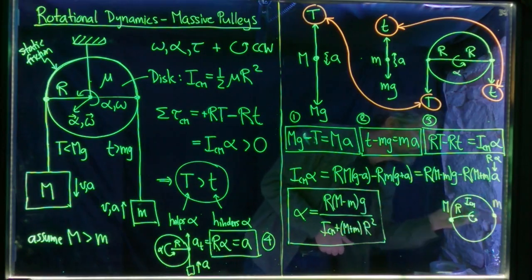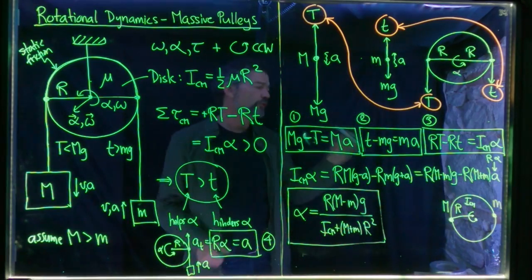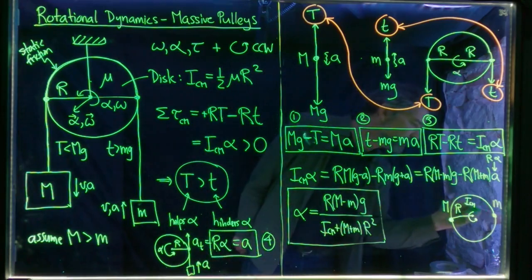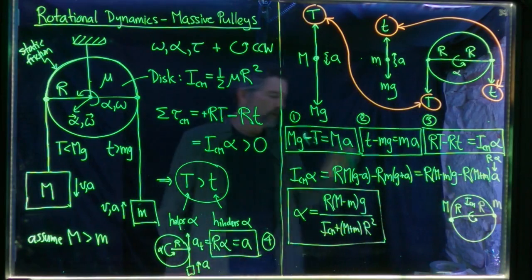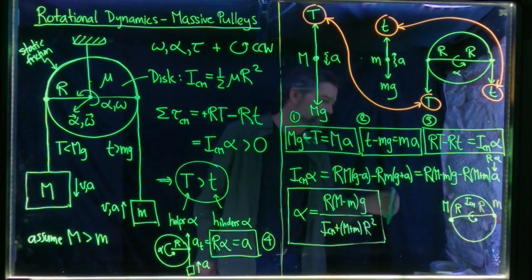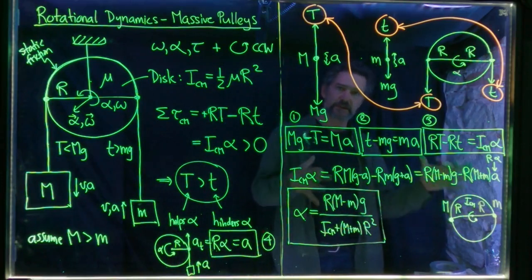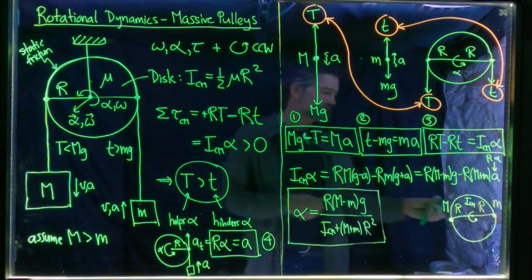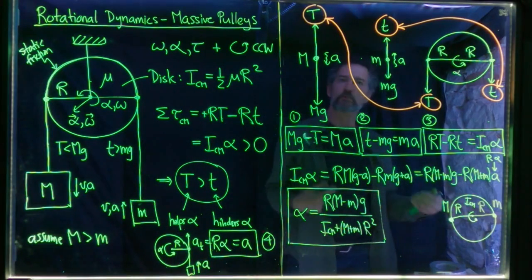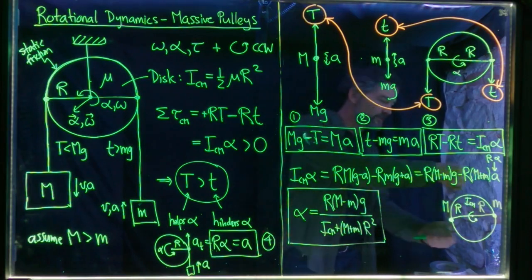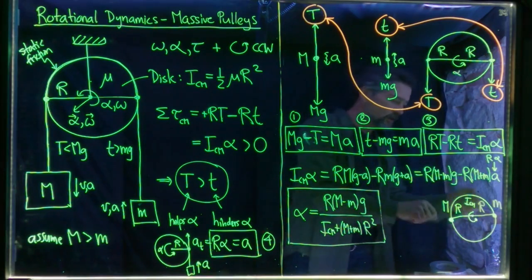Mass little m is glued to the right-hand edge of the wheel, a radial distance r away from the axis of rotation. At this instant of time, we ask: what is the total moment of inertia of this system, the pulley with two masses, big M and little m, glued to it?